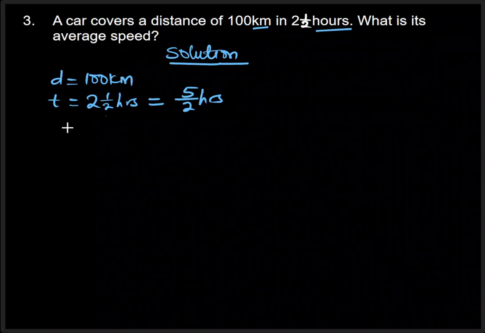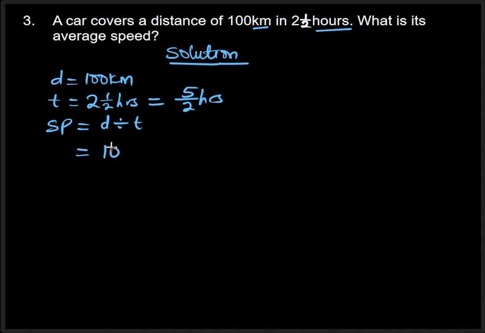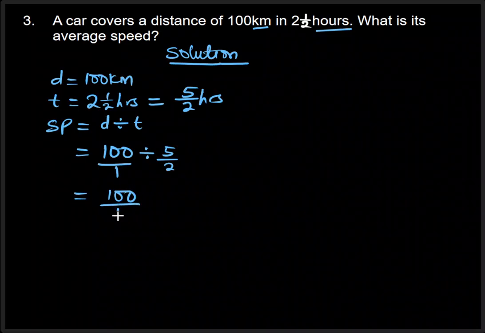Average speed there is like finding speed. Speed is equal to distance divided by time. I'm going to use this format since this is a fraction. So we have 100 divided by 5 all over 2. This is 100 over 1 times 2 over 5.